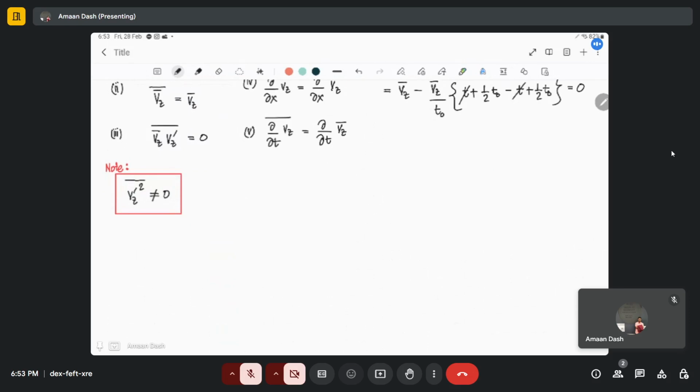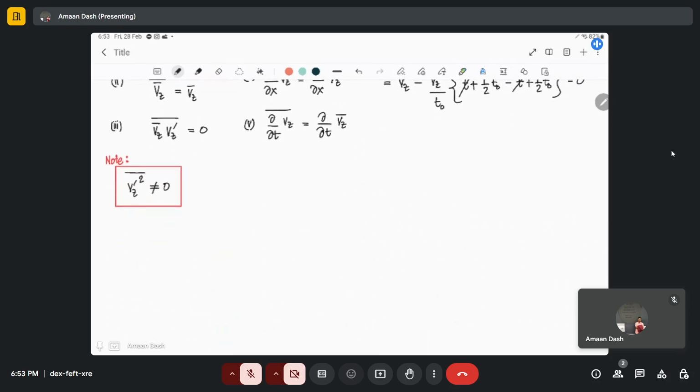There is in fact a ratio defined like this: the square root of the average of Vz prime square, whole divided by the average value Vz bar.